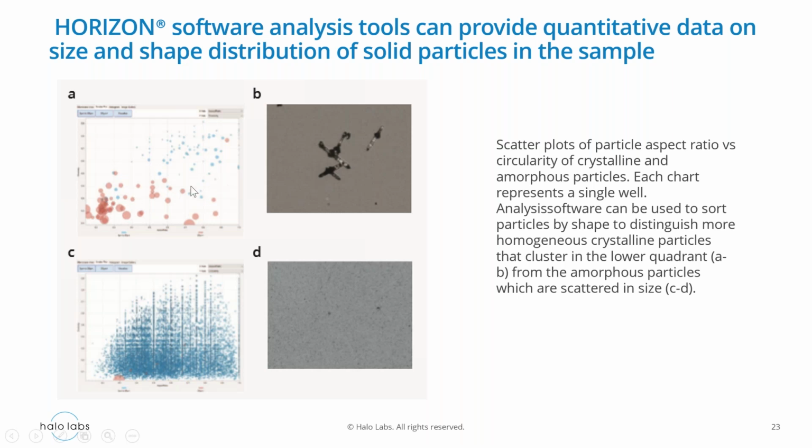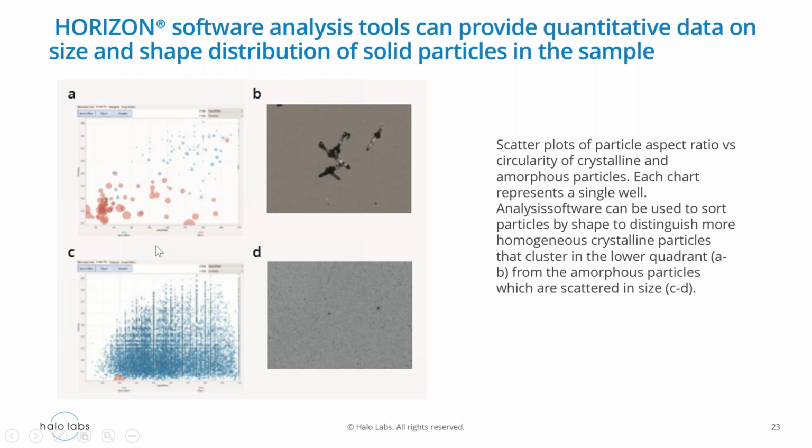So if you look, for example, into geometric parameters, for example here the Feret, where you measure the length against the width of your particles, you will see that all the crystals cluster together like this, while the amorphous particles are more spread. If we look at an amorphous sample, for example this one, where you see this small precipitate all over the plate, then the analytics, this same type of parameter graphs here, will just show a spread of all these particles in Feret and in circularity, for example.